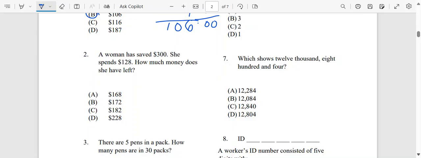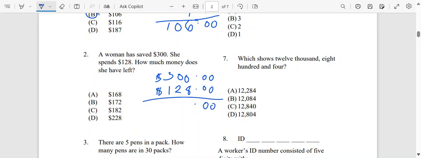So she has $300. Let's write that. $300. Let's put my point and add my two zeros. And then she spends it, right? She spends $128. And this is an everyday question, right? Let me fix that. All right, let's put our zero right there.